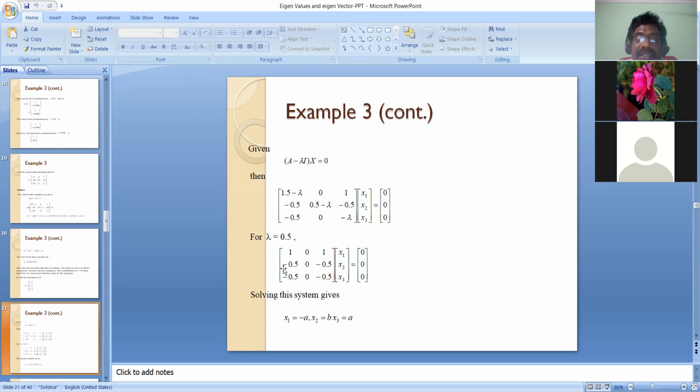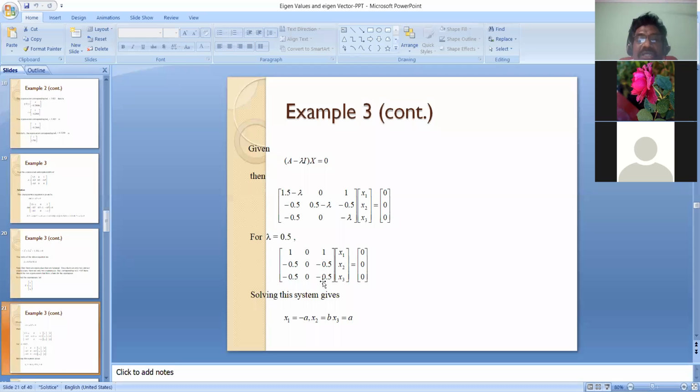Clearly, in this matrix we have equal rows. So the rank of this matrix is less than the number of unknowns, the number of variables x1, x2, x3. Here we have 3 variables and the rank of this reduced matrix is only 1.